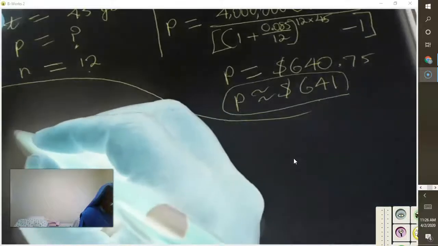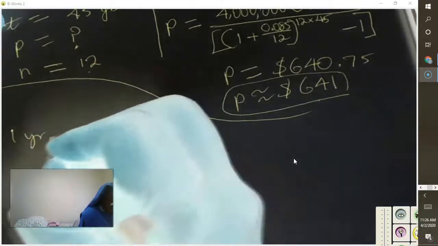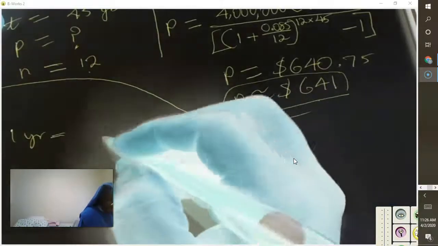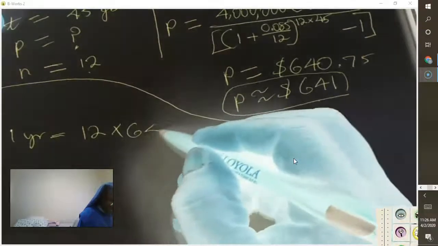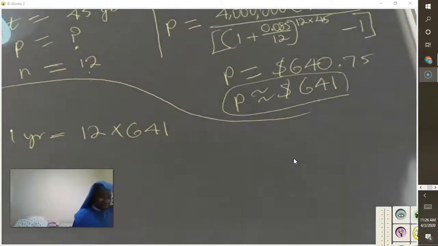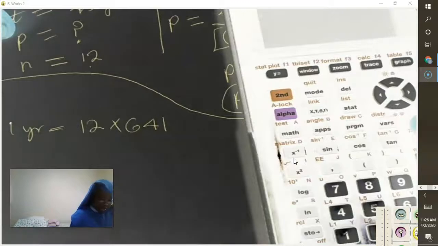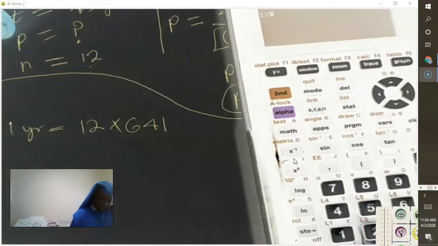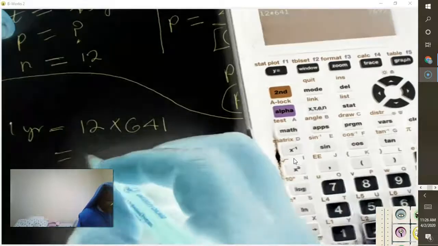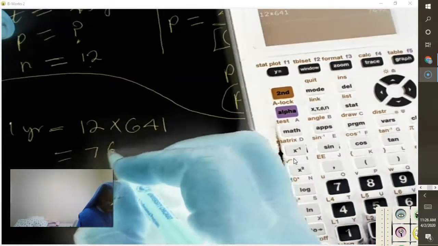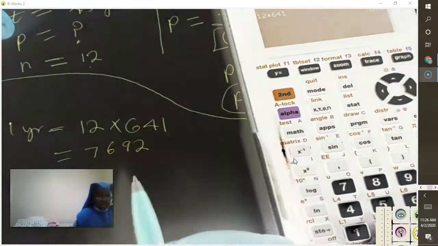So every year, 1 year, we are going to deposit 12 times 641. That's how much we're going to deposit in a whole year, in 12 months. So 12 times 641, and that gives us 7692.